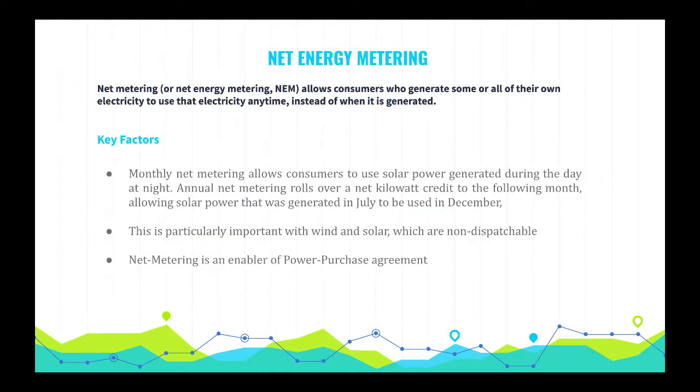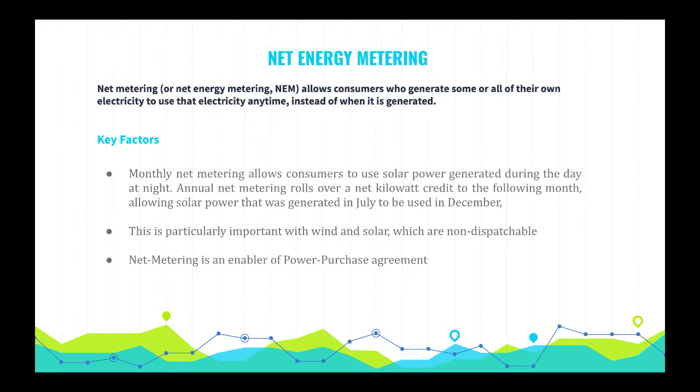Net metering, or net energy metering, sometimes called NEM, allows consumers who generate some or all of their own electricity to use that electricity anytime instead of when it's generated. So net metering is a regulatory tool. It is a policy that has to be passed by your governing body. So if you live in a province or in a state, they have to pass that.